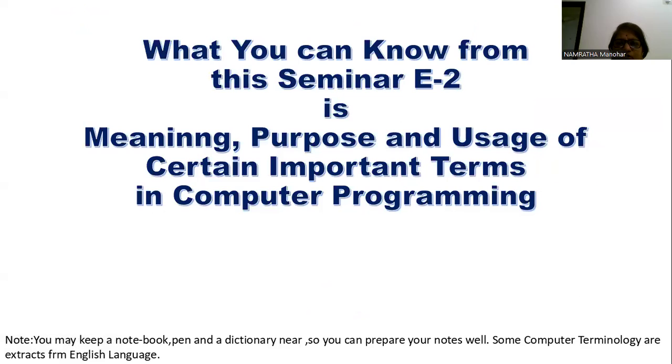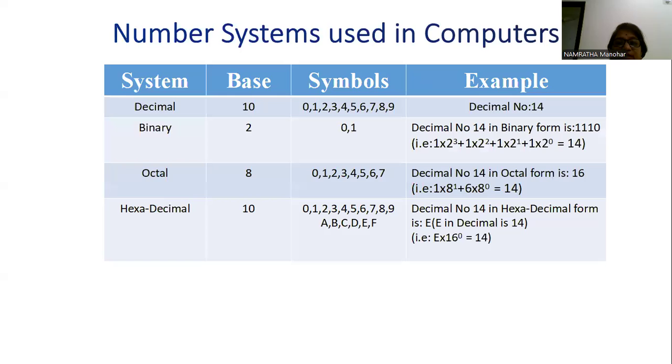From this seminar, you will be able to understand the meaning, the purpose, and usage of certain important terms in computer programming. The terms of the first level, that is, preliminary information. We all know that the computer works on the binary system.